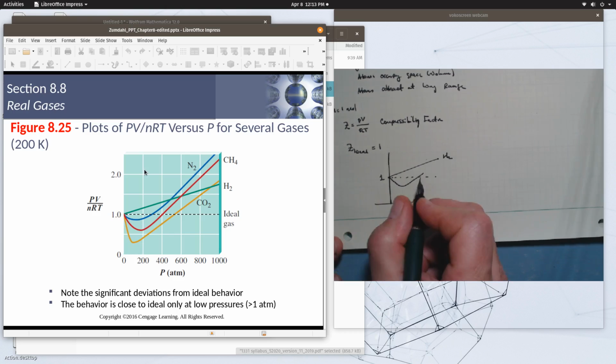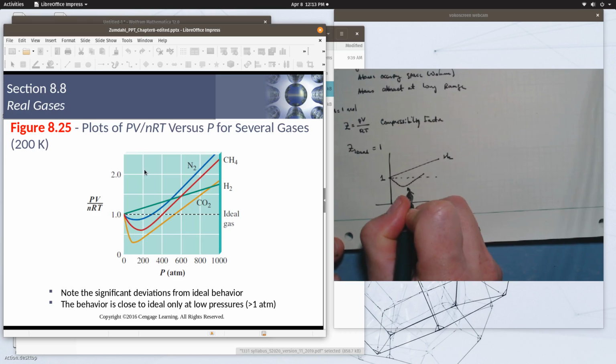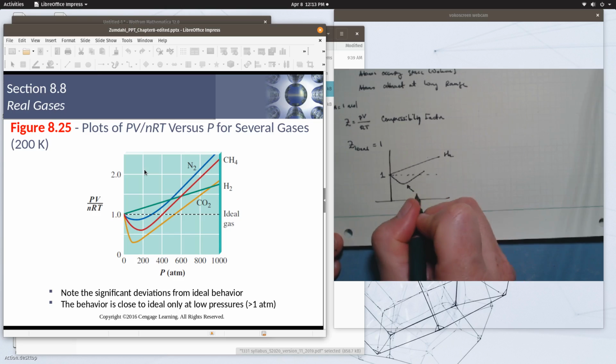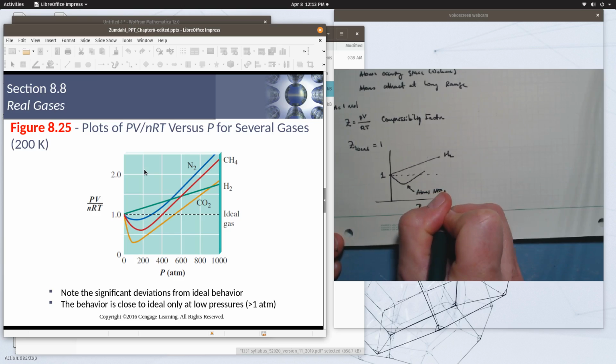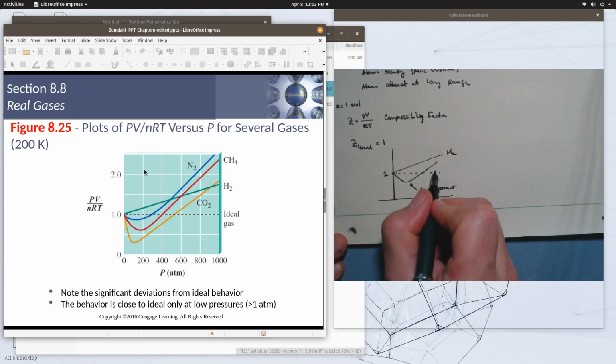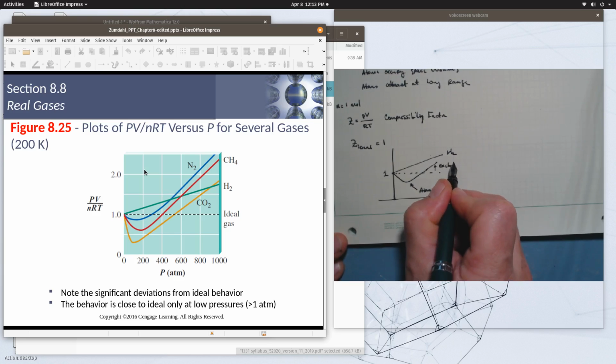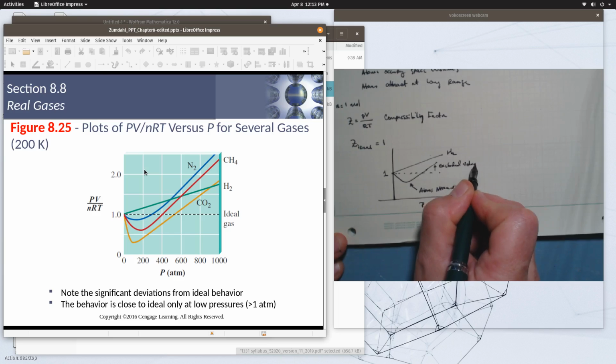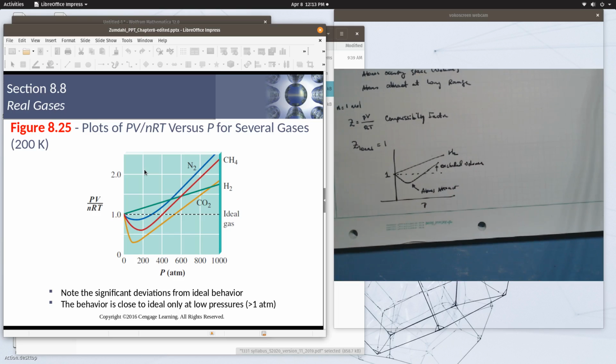This negative deviation at low pressure is due to the fact that atoms attract each other. This positive deviation from ideality is due to excluded volume. As I increase the pressure, atoms start feeling each other more and more, so I get a higher compressibility factor than at low pressure.